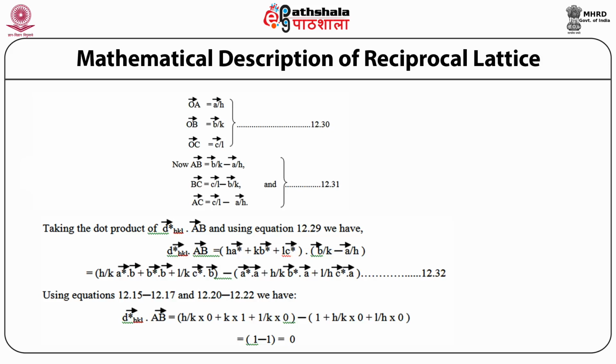Using equations 12.15 to 12.17 and 12.20 to 12.22, we have d* HKL dot AB equal to (h/k)×0 plus 1 plus (l/k)×0 minus 1 plus (k/h)×0 plus (l/h)×0, which is equal to 1 minus 1. That comes out to be equal to 0.